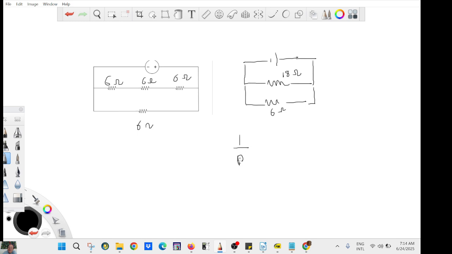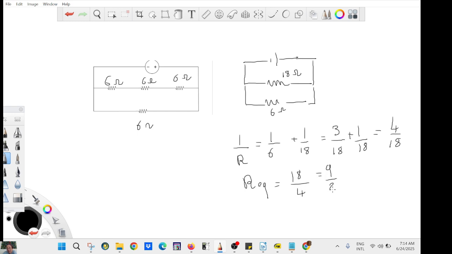So the equivalent resistance will be 1 over 6 plus 1 over 18, which is 3 over 18 plus 1 over 18. So you have the equivalent resistance, which is 18 divided by 4, which is 9 divided by 2, which is 4.5 ohms.